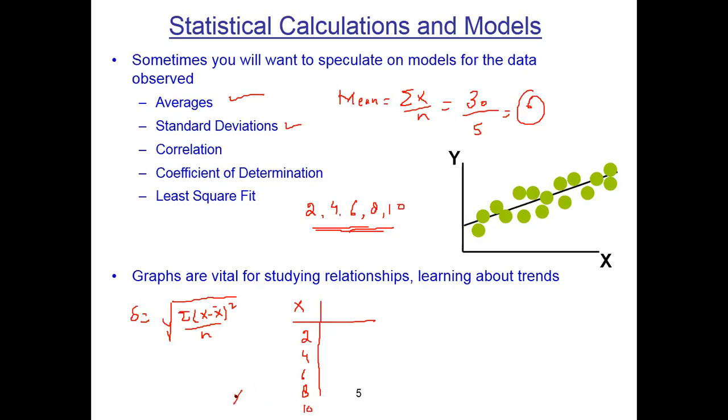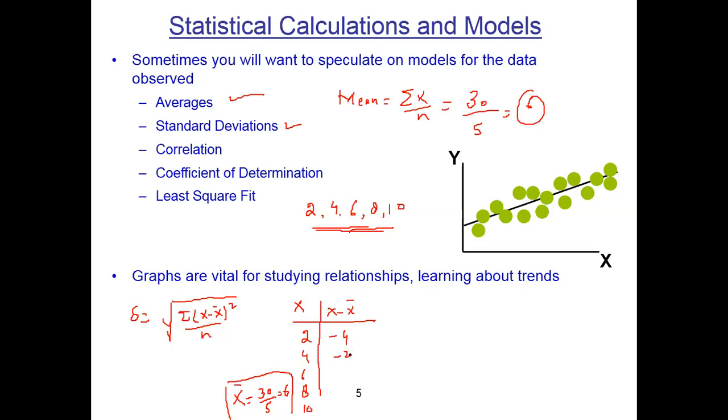Then we find the average, which is the same: the sum of data, 30, divided by number of data, 5, equals 6. Then we can find x minus x average. These values are x values, x average is 6. Subtract this average value from each and every data. 2 minus 6 is minus 4.